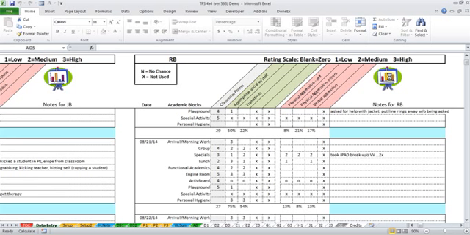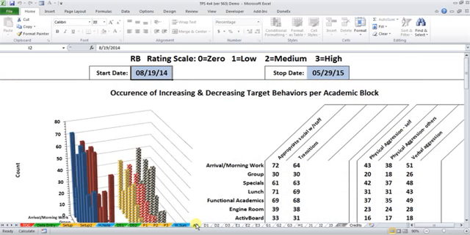It's that fast. So all of RB's data are sent to all of these graphs in white, and also to AB, which is what we're going to take a look at right now. So let's do that. And there it is. RB's data. Rating scale 0 is 0, 1, 2, and 3.